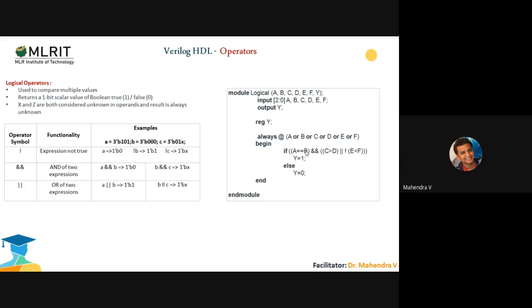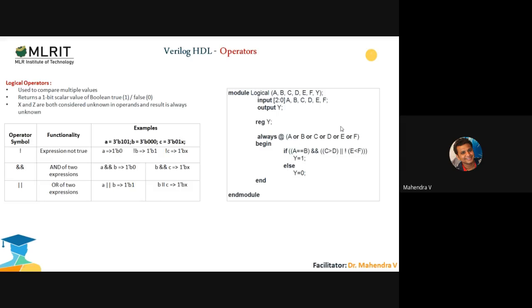This is one condition, this is another condition. If you want to verify both conditions are true, we use the AND. Or if either condition is true, again here the OR operation. Like this, we apply the logical operators in Verilog HDL. This is one example of how and where to use the logical operators in Verilog HDL.